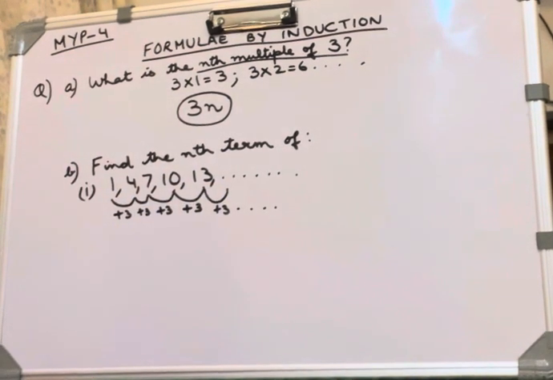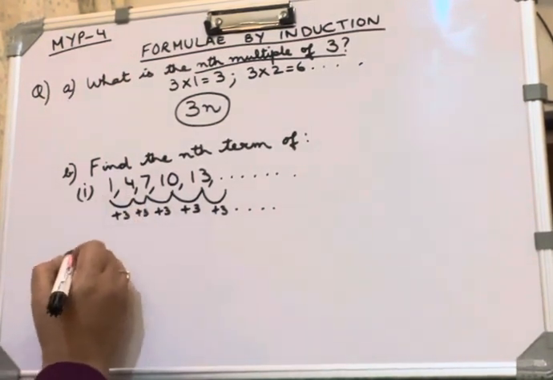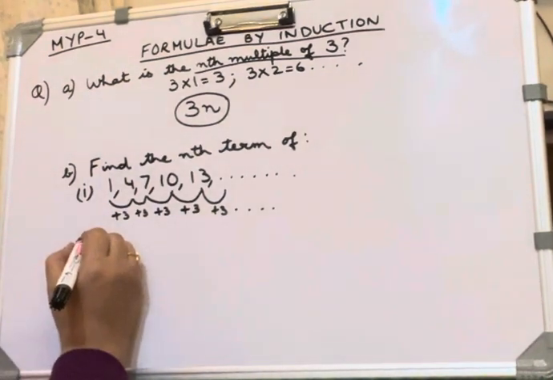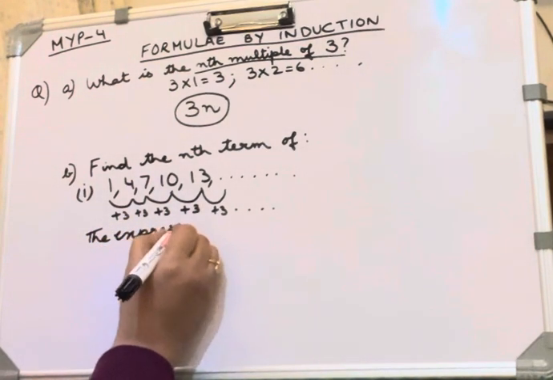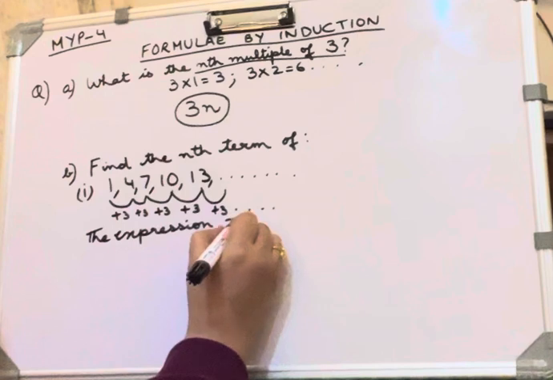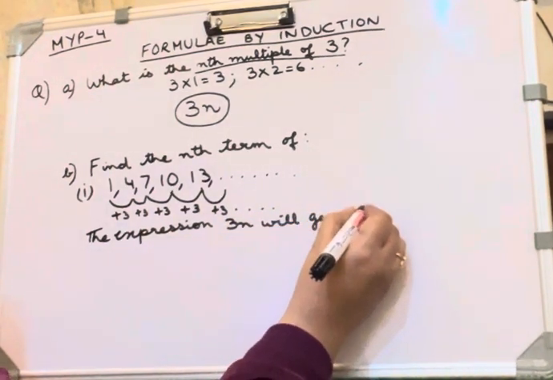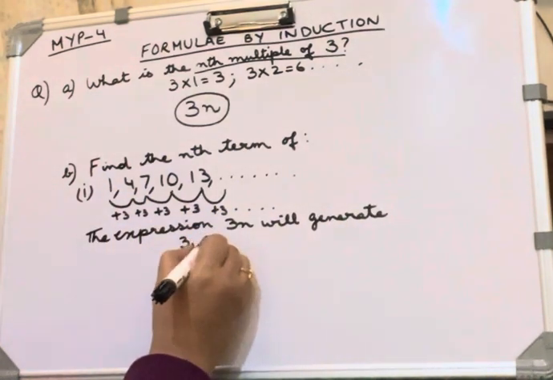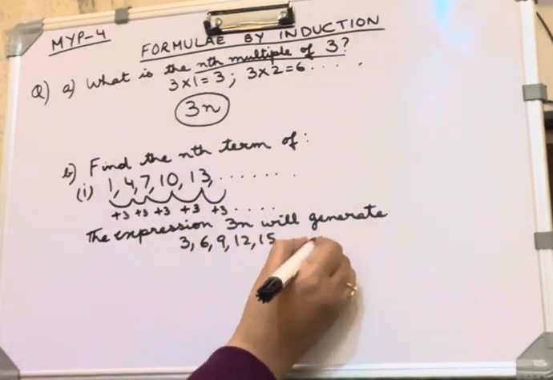So since we are adding 3 each time, the formula must involve 3n. So if the formula is 3n, then the expression n will generate what numbers? 3 ones are 3, 6, 9, 12, 15 and so on.